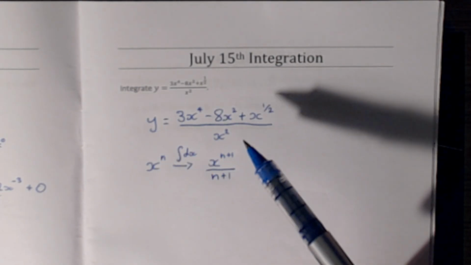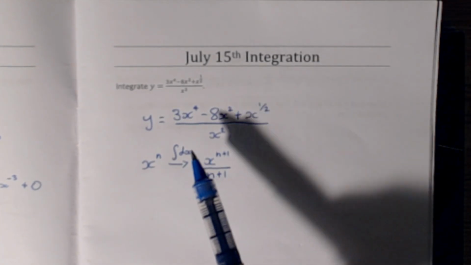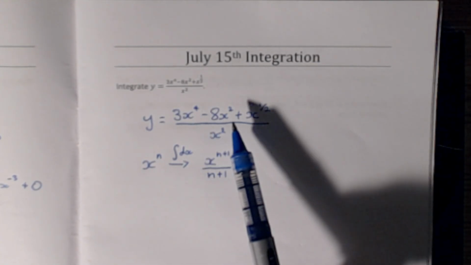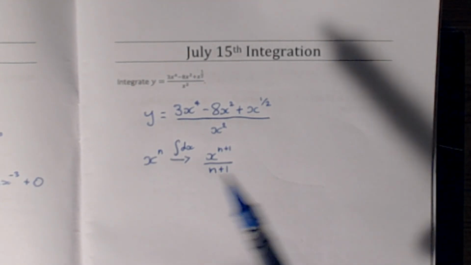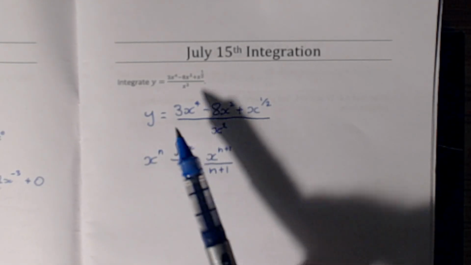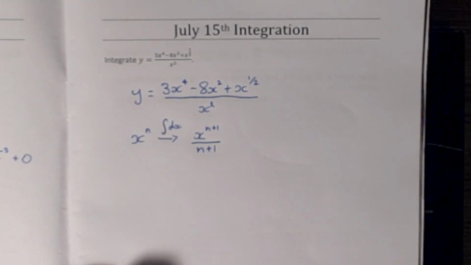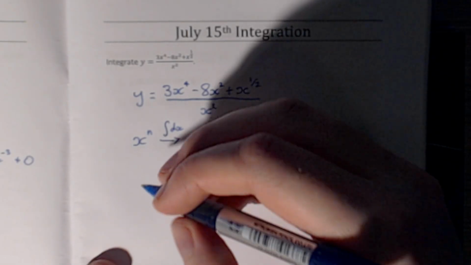Now, unfortunately, y isn't in a state to integrate just yet. Our problem is this isn't just a chain of x to some powers. We've got this x squared that we're dividing by, and we need to fix this. So the way we do that is we simplify it using our exponent rules.